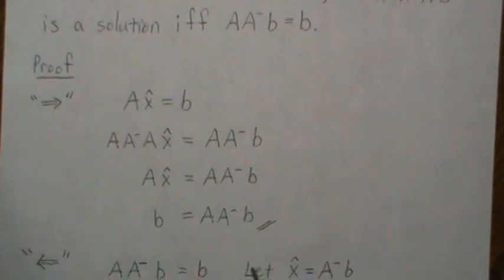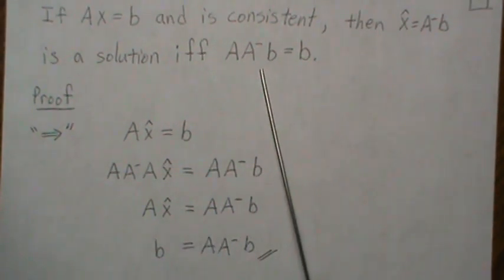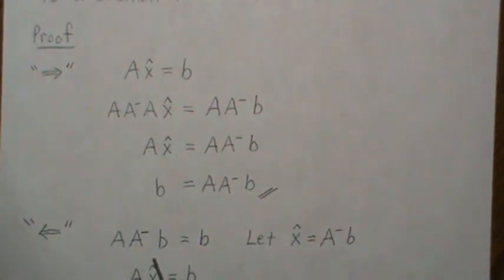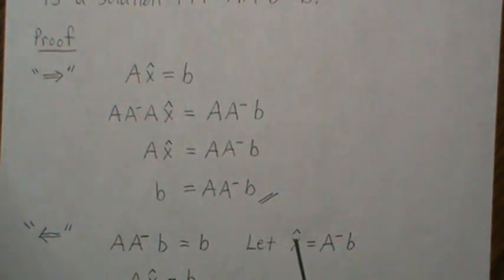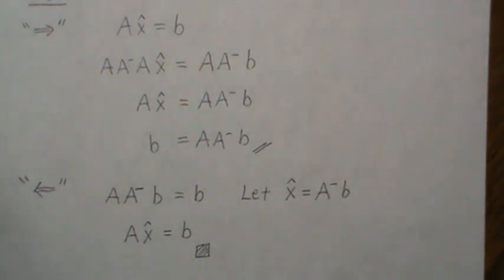Now, to go the other way, we assume that this condition is true. If we let X hat be the generalized inverse of A times B and substitute that in, well, then it's true. So that's a solution, and so we're finished.